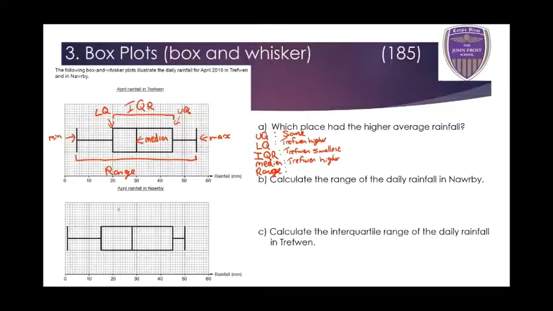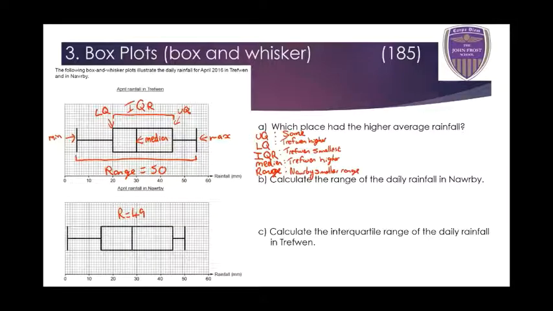So let's write equals 49, and the range for Trevwen, let's just quickly figure this out. 55 take away 5 is 50. So Trevwen does have a higher range, and we would like a smaller range because that'd be slightly more indicative. So technically Narrabee wins that one. Narrabee has a smaller range.